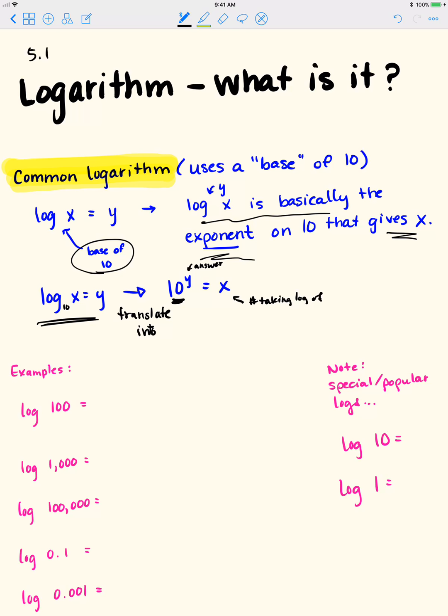Okay, so being able to translate or transition from logarithmic form into this exponential form will help solve these logarithms. It will help when we solve for the exponents in exponential functions soon.